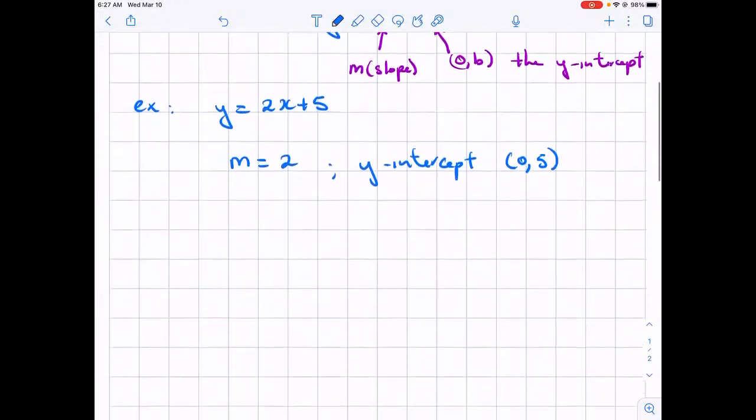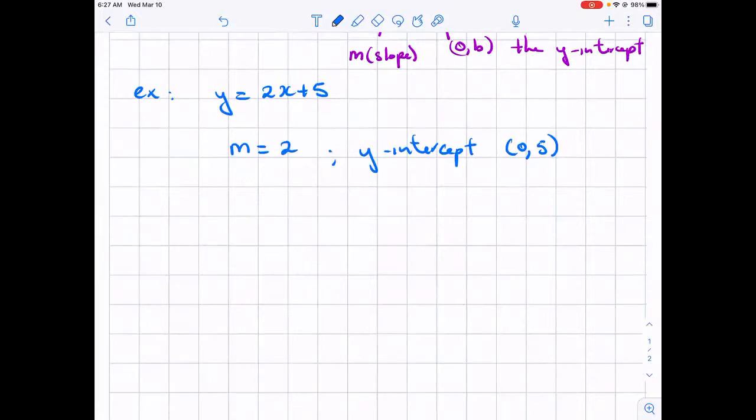So if we look at the graph of this, please make sure you remember, in order to tell the slope, I'm going to make a note here.